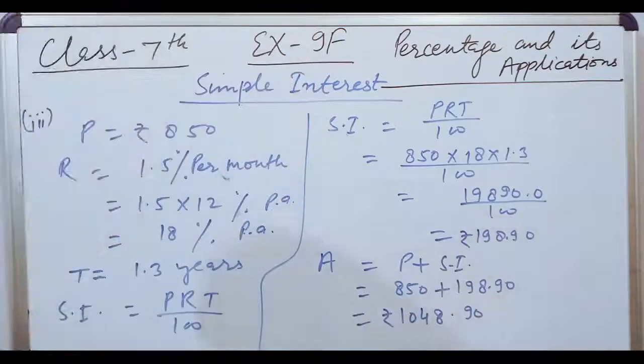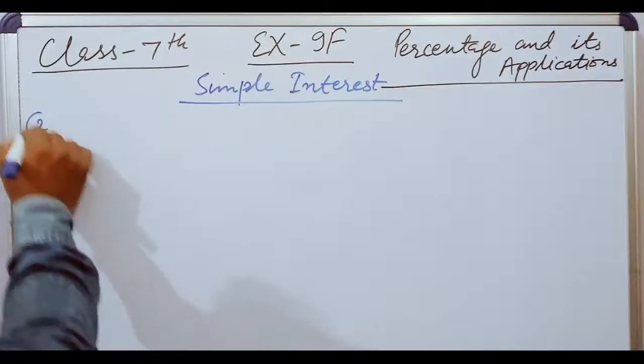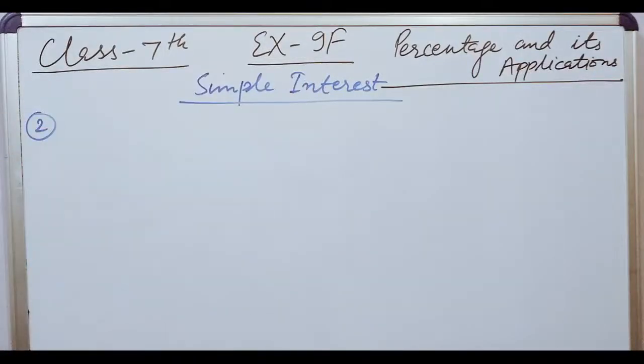Okay, dear students. Question number 2. Find the simple interest on rupees 112.50 for 4 years at 1 1/2% per annum.